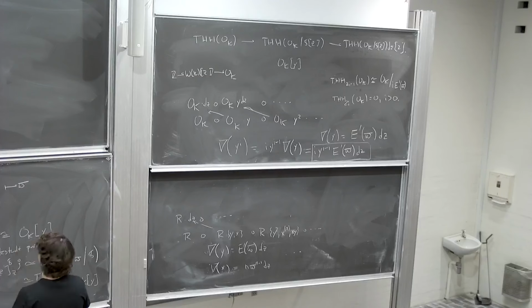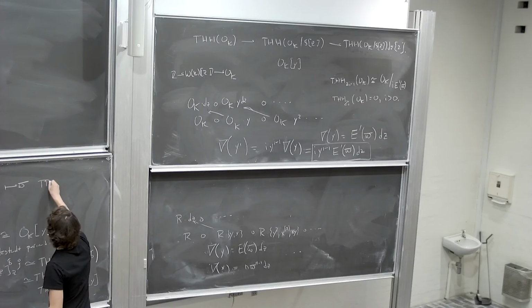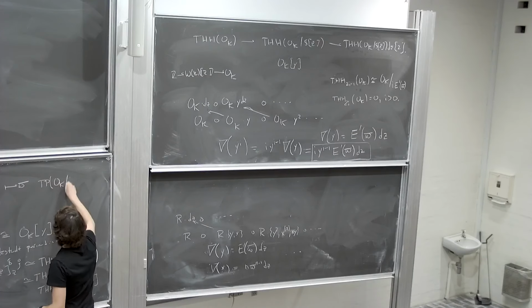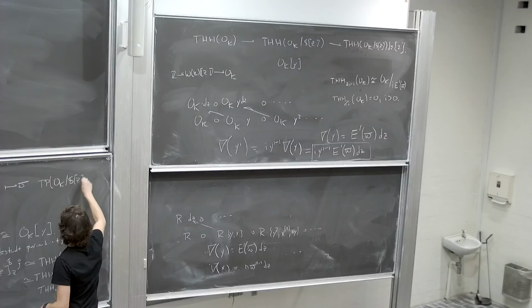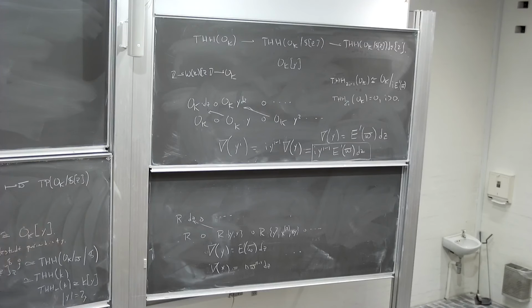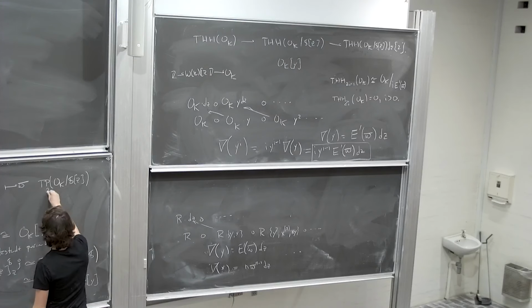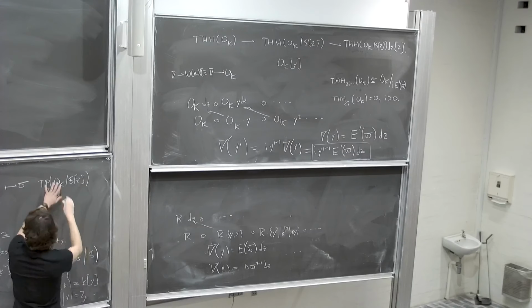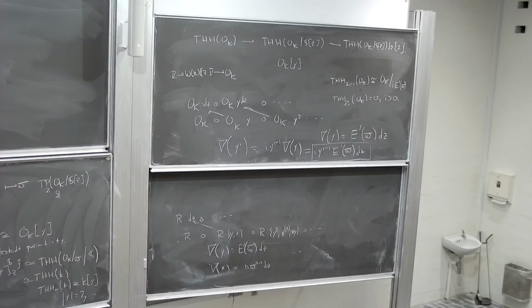Well, right, okay. So let's say you do, let me do TP here of O_K over S adjoin z. So I mentioned that this is a prism. And what is this? So TP in degree 2i is, so it's concentrated in even degrees. That follows since this is even and then just degeneration of the Tate spectral sequence.